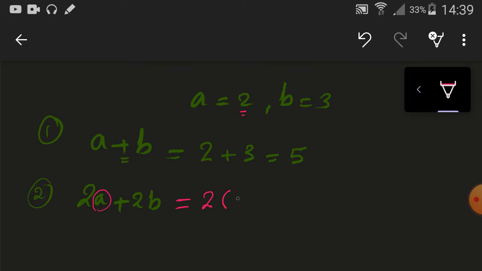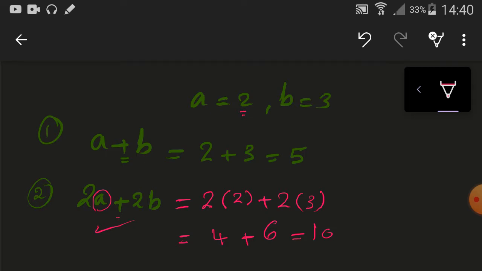But don't forget to put it in the bracket. It makes it easier. Then plus 2 and b equals 3. Now 2 multiplied by 2 is 4, plus 2 multiplied by 3 is 6. Now this expression equals 10.